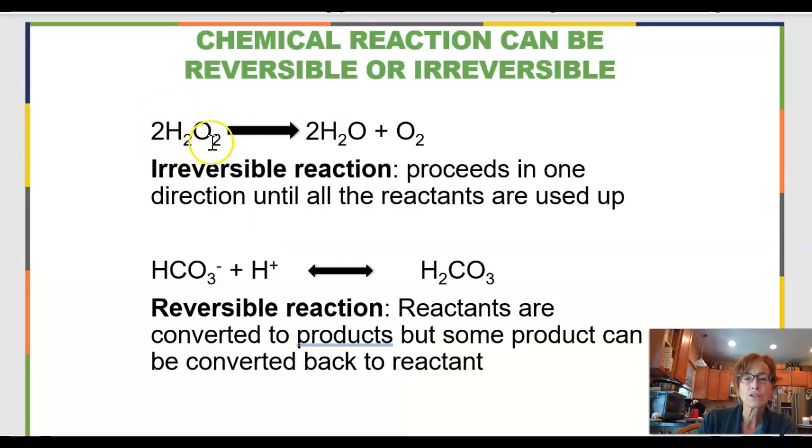So certain chemical reactions are irreversible. This means it's going to go this way and only this way until all the products are made and all the reactants are used up. In biochemistry and in the body, very often we see reversible reactions, and notice the arrow goes both ways.